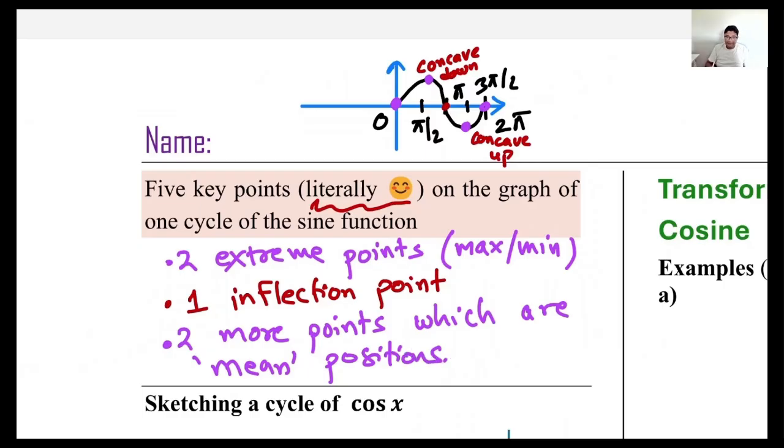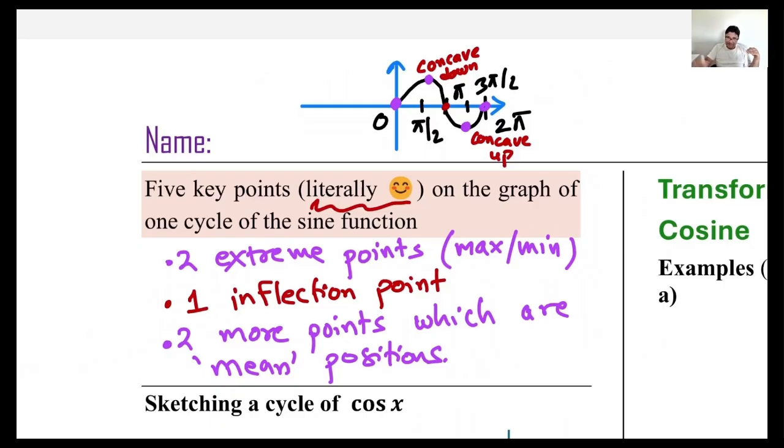In the graph, if you see at 0, pi, and 2 pi, the value of the function is in the average, in the mean. That mean position is exactly halfway between the two extremes. There is one highest point, there is one lowest point, and there's the midpoint, the x-axis.